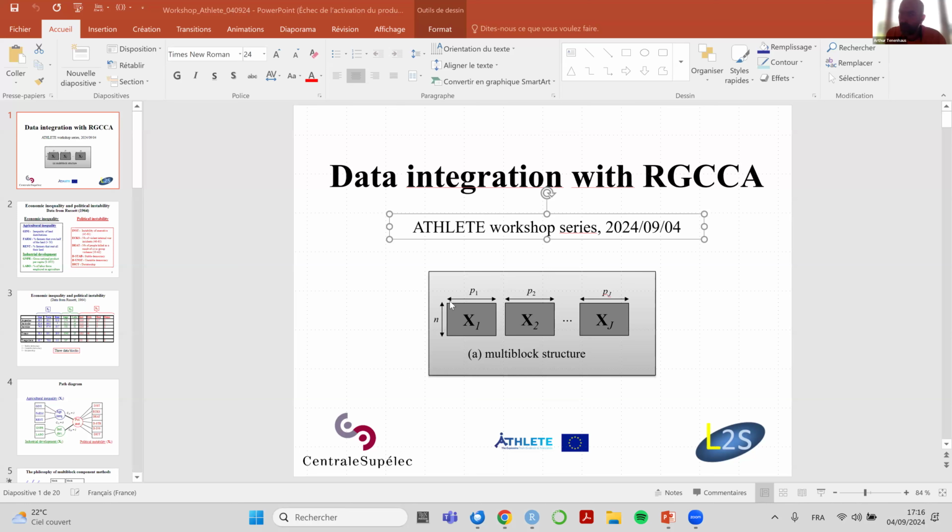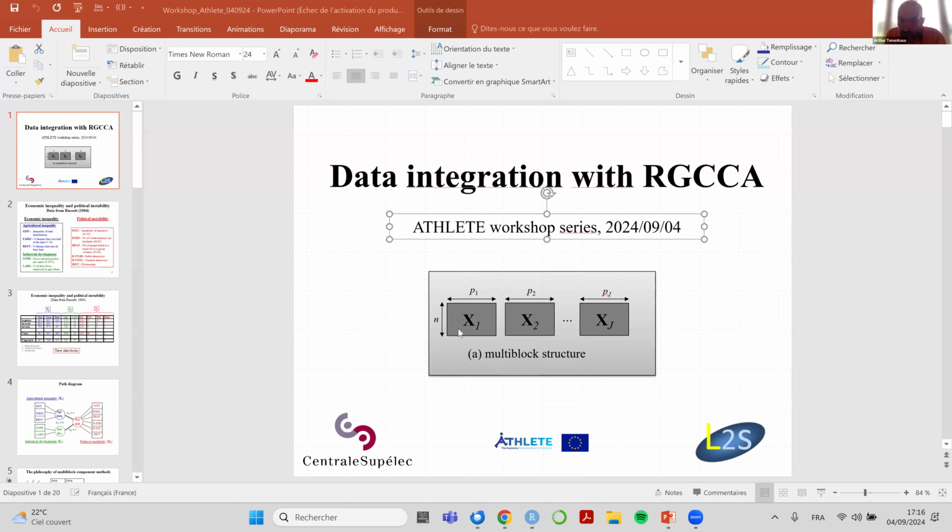I don't remember, but the data we want to integrate is: we have a set of n observations, which are characterized by different sources of variables, sources of information.